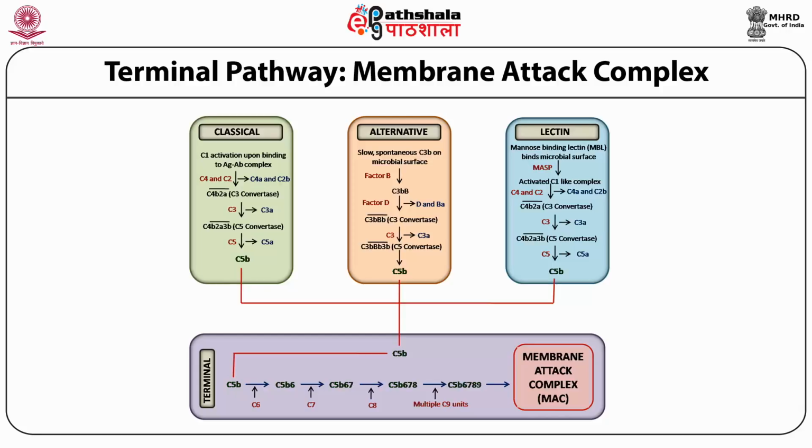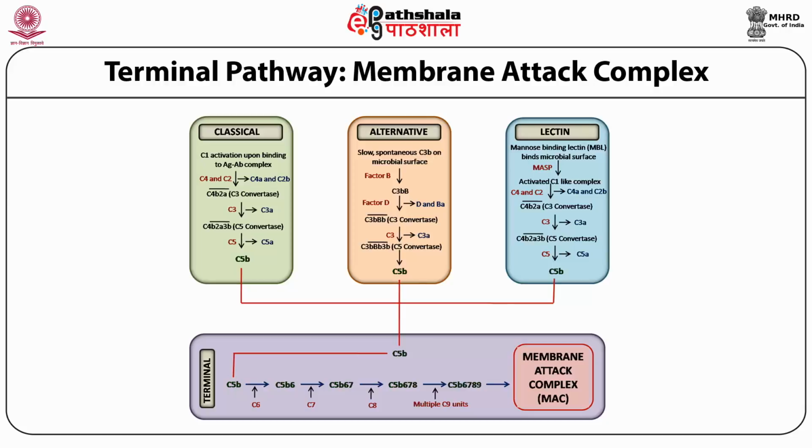If this reaction takes place on the target surface, C5b6-7 inserts into the phospholipid bilayer, whereas if it occurs on immune complexes, then the released C5b6-7 complex enters the membrane of nearby cells, causing innocent bystander lysis, that is an autoimmune damage.